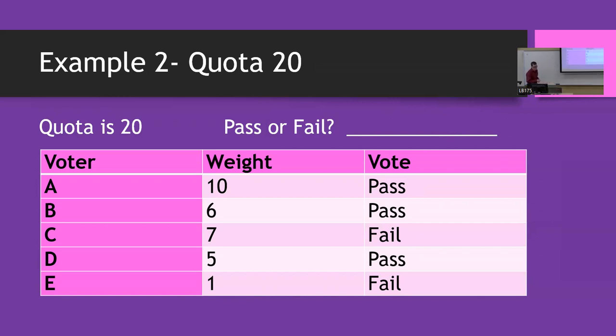So A, B, and D together have 10 + 16 + 5 = 21 votes. Therefore, since they all voted to pass, the motion is going to pass.